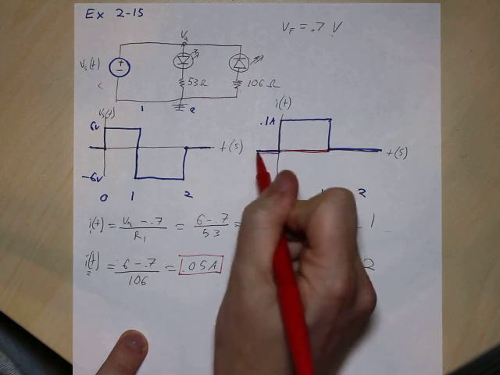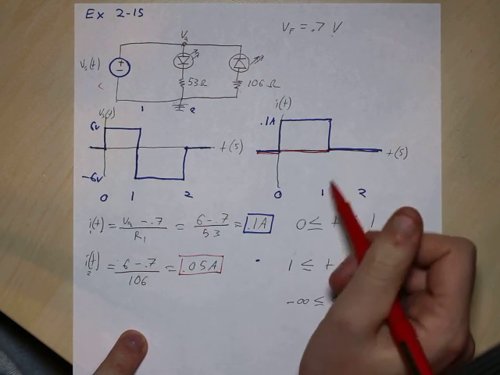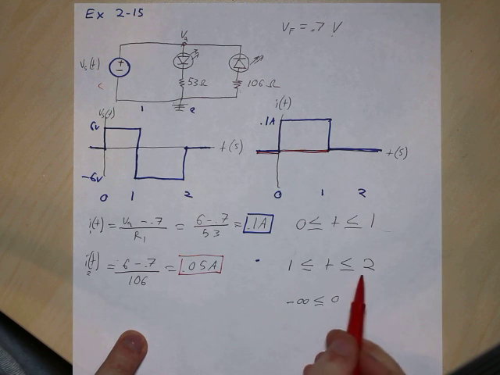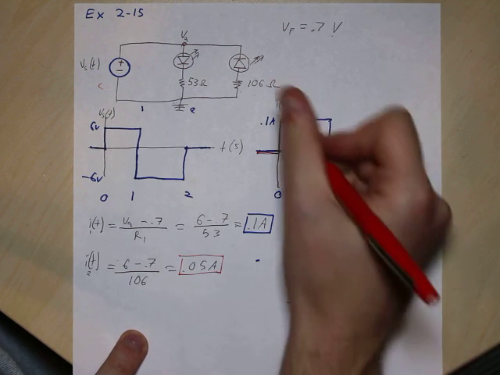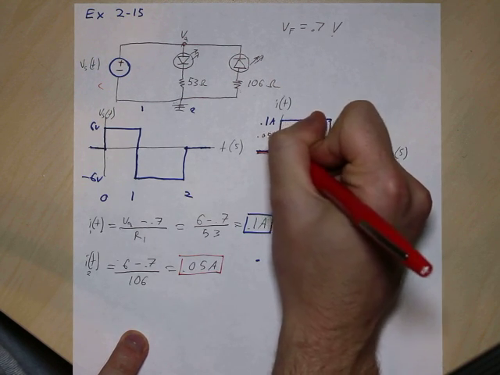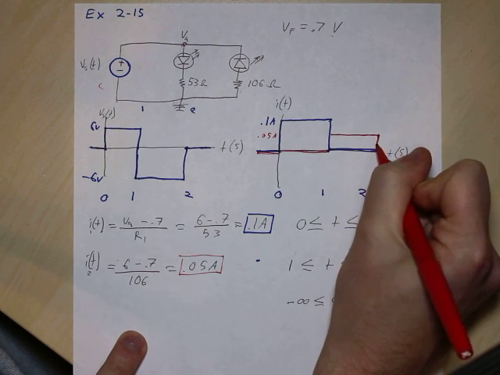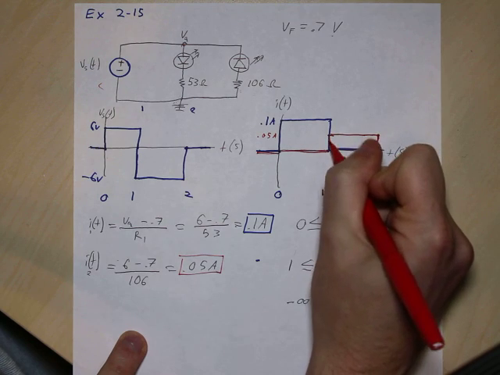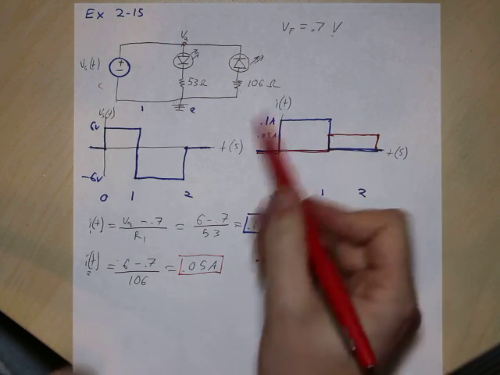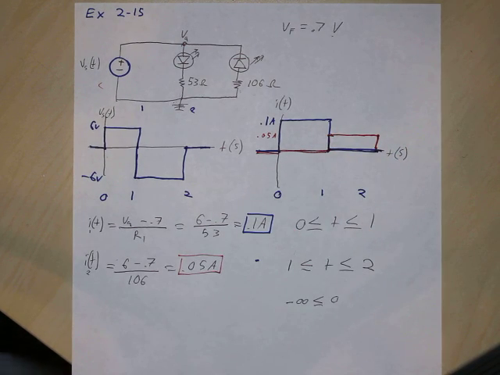And of course it's going to be 0 here too, because the circuit's not plugged in. And now from 1 to 2, we're going to have 0.05 amps. So 0.05 is half of that. And so from 0 to 2, we're going to have it look like that. And then of course it's going to go down again. So that's what the plot looks like of current versus time for these two.